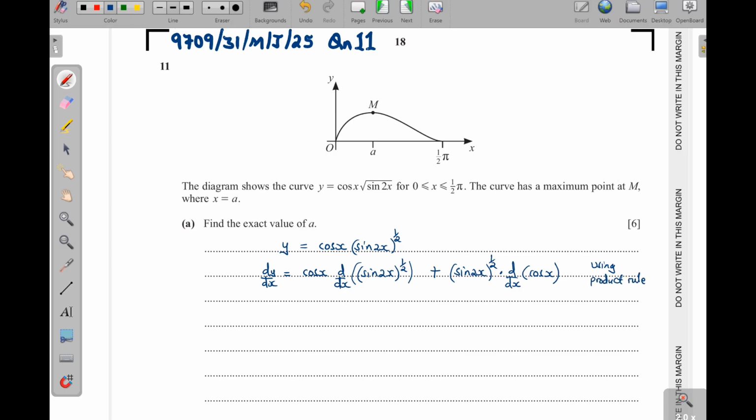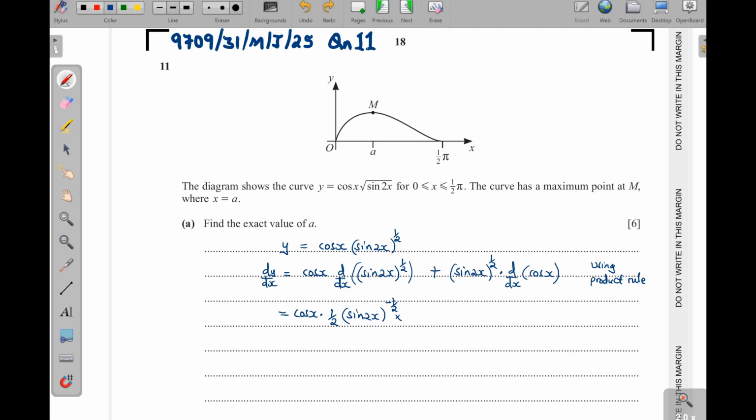Here we are using product rule. Okay, so when we differentiate here, we shall drop the power. So that will be a half. Then sine 2x here, reduce it by 1. So you reduce this a half by 1, you'll get negative a half. Then times, now enter inside here and you differentiate.